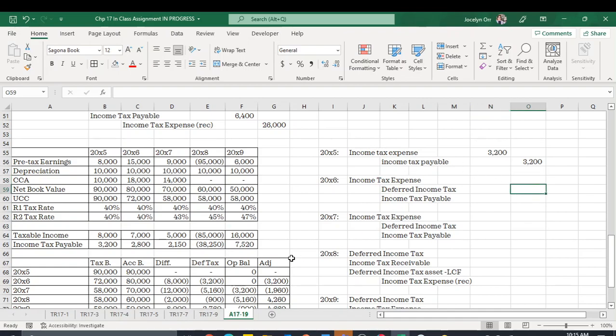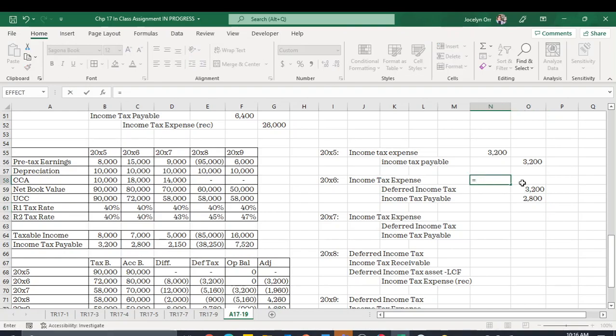I do have a deferred income tax credit, just like I did in the previous year, for $3,200 this time. I have my income tax payable and my income tax expense.